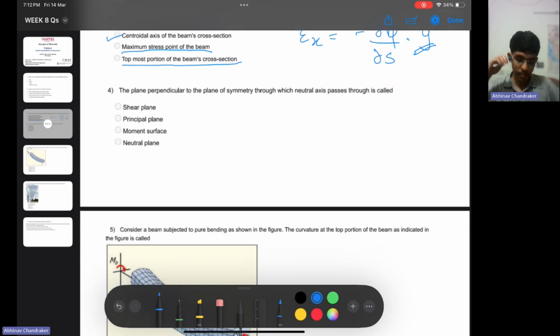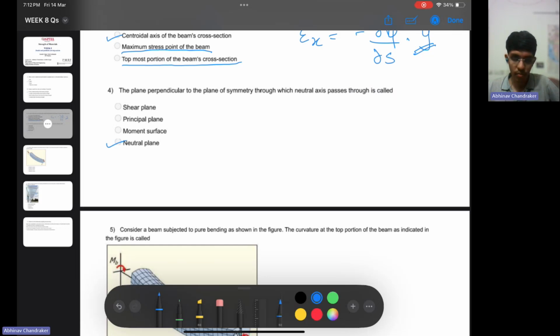Next question. The plane perpendicular to the plane of symmetry through which the neutral axis passes is called... So that plane is called the neutral plane, because on that whole plane, if you are assuming pure bending and a slender member, all those assumptions are being made.